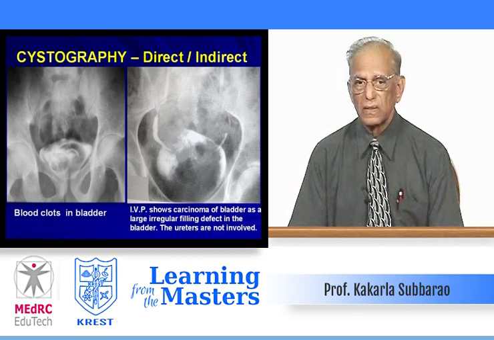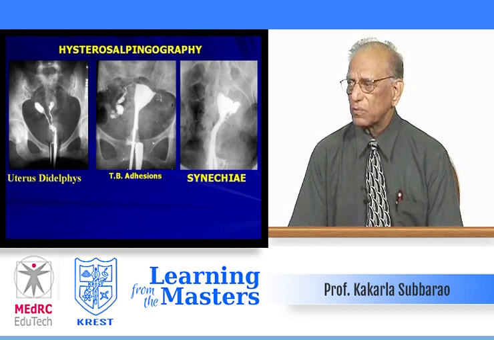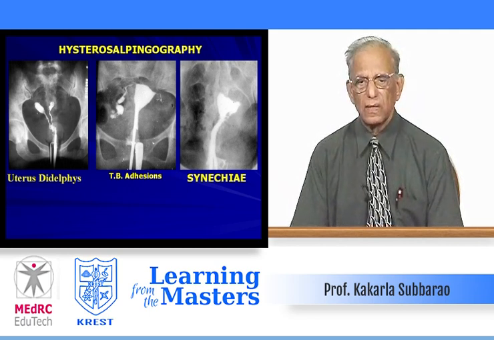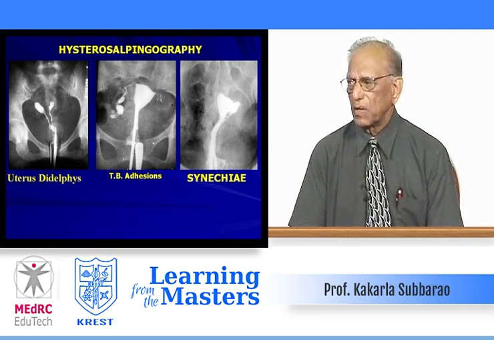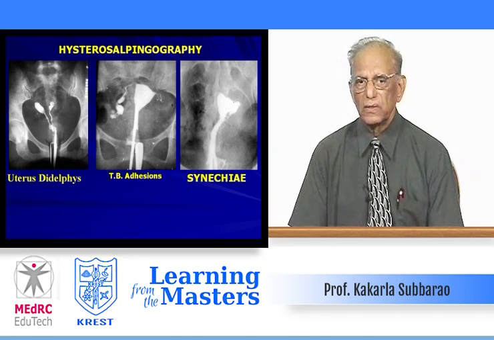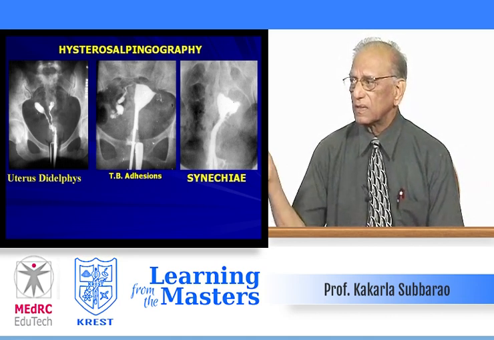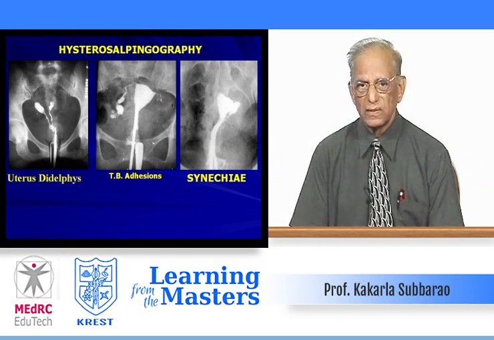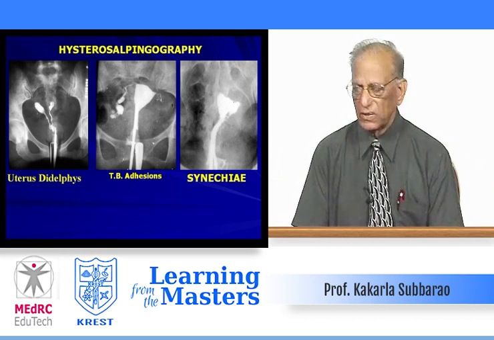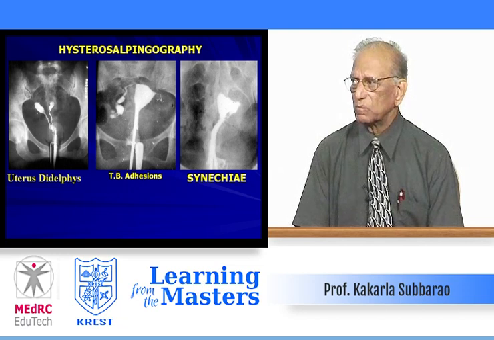That is direct cystography. Hysterosalpingography, even today we do at certain times, for congenital abnormalities like uterine didelphys, TB, adhesions of the uterus, and synechiae after curettage. All these can be demonstrated with hysterosalpingography.